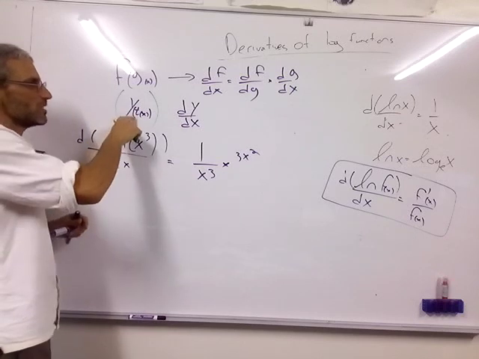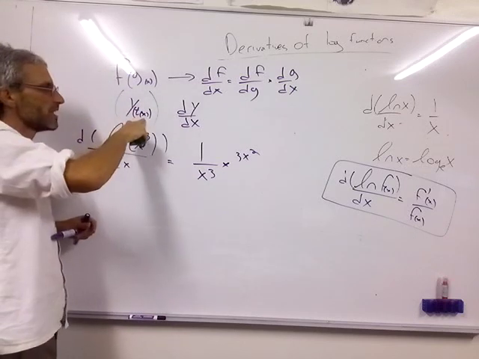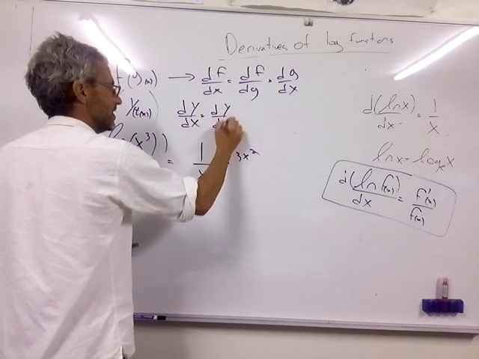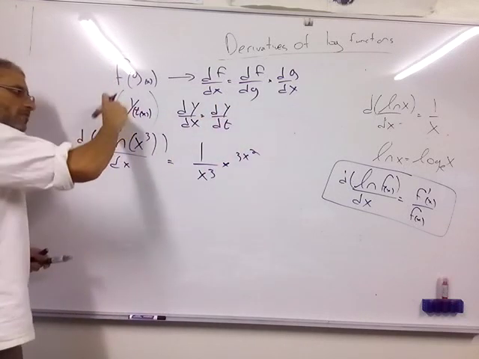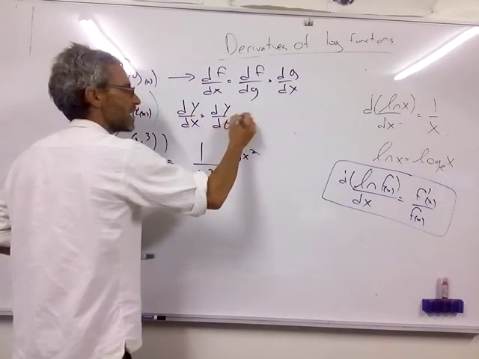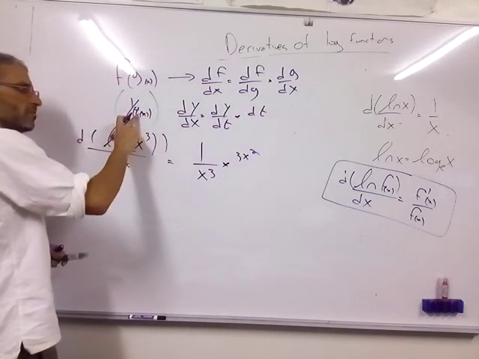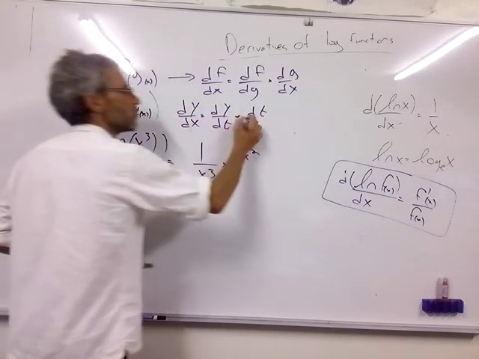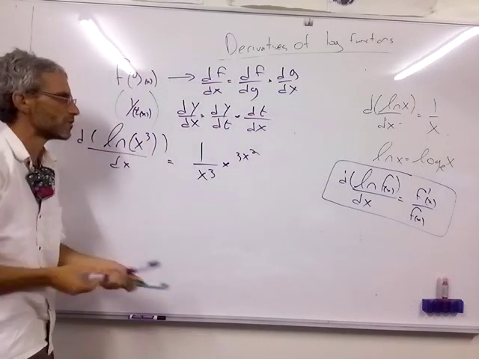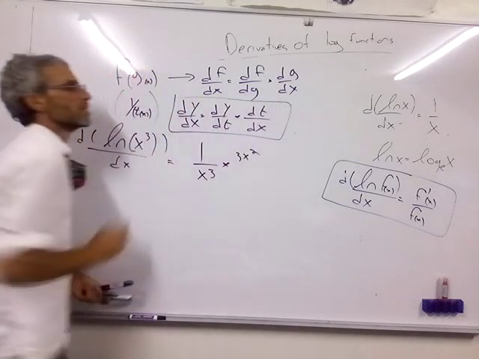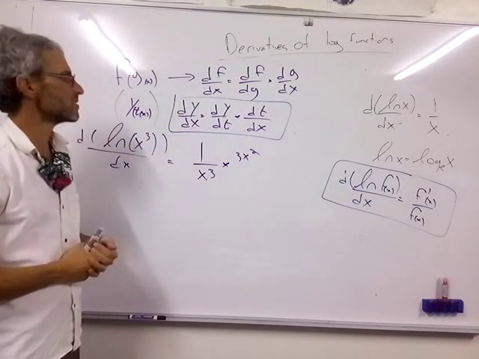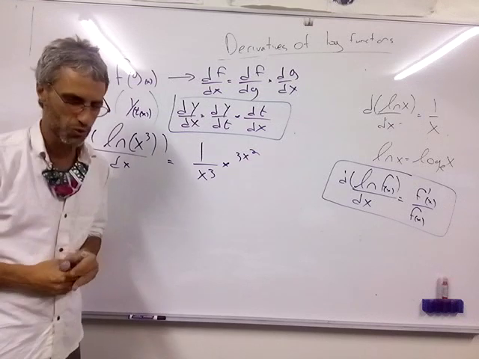If you want to know the derivative of the big function with respect to x, what you've got to do is dy/dt, the derivative of the big function with respect to what's inside it, and times it by the derivative of the inside function with respect to the hidden variable inside it. That's what they write for you in the formula sheet, which is the same thing really, but maybe different letters. So we need to get used to it.